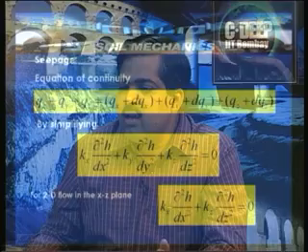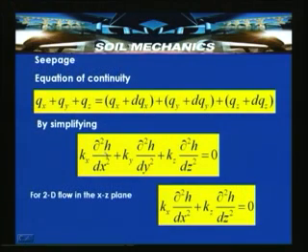Simplifying, qx plus qy plus qz is equal to qx plus dqx plus qy plus dqy plus qz plus dqz, which yields kx ∂²h/∂x² plus ky ∂²h/∂y² plus kz ∂²h/∂z² equal to 0, where h is the head at the point under consideration.